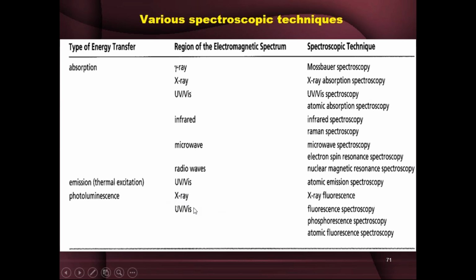If it is dealing with X-ray radiations, then we have X-ray fluorescence spectroscopy. And if it deals with UV visible radiations, it could be either fluorescence spectroscopy or phosphorescence spectroscopy or atomic fluorescence spectroscopy. So these are a number of spectroscopic techniques which we can have at different regions of the electromagnetic spectrum.